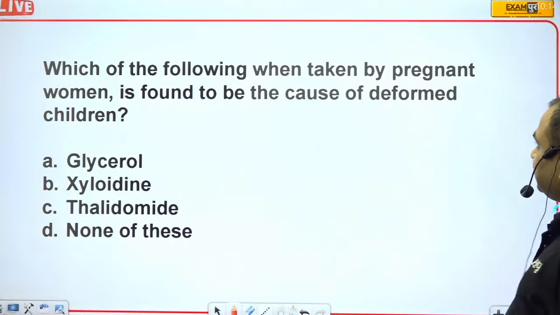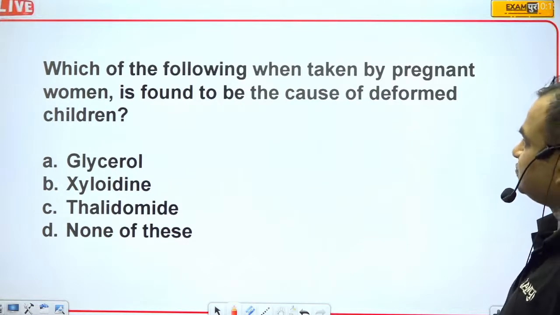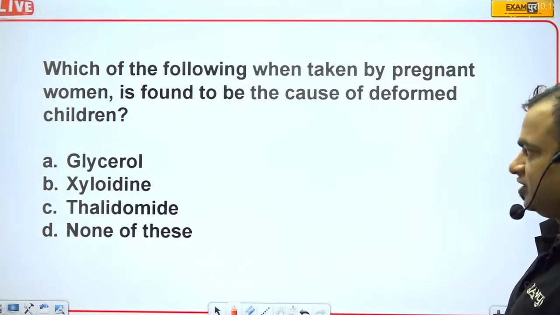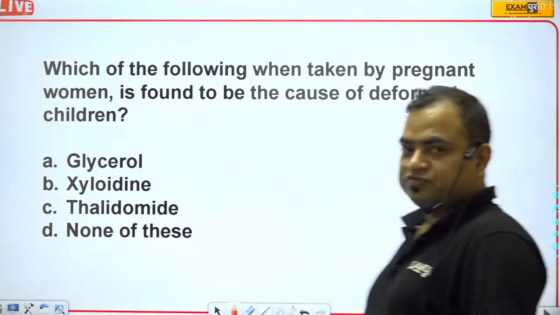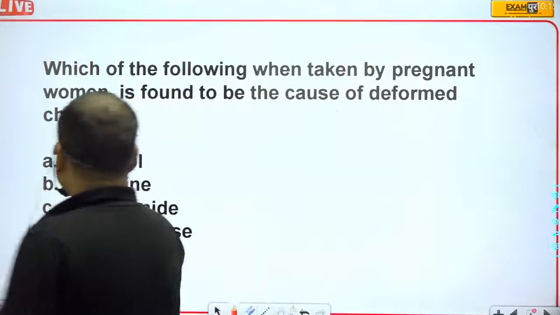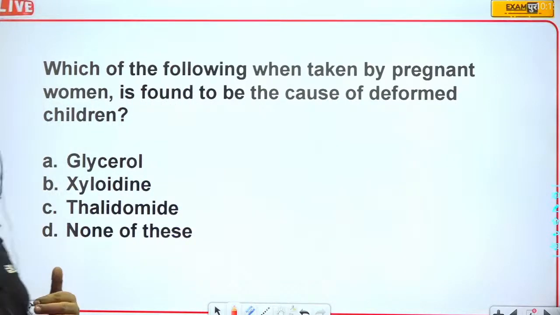Which of the following, when taken by a pregnant woman, is found to be the cause of deformed children? Okay, deformed children. Tell me which of the following is the correct answer. This is a question from the biology section.